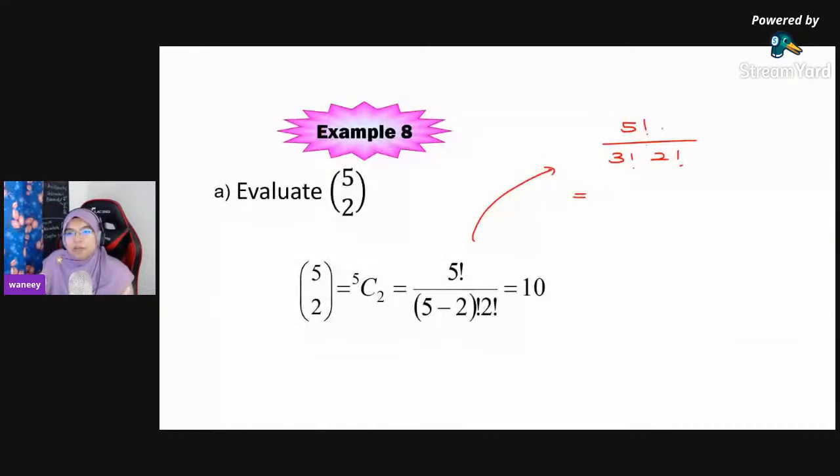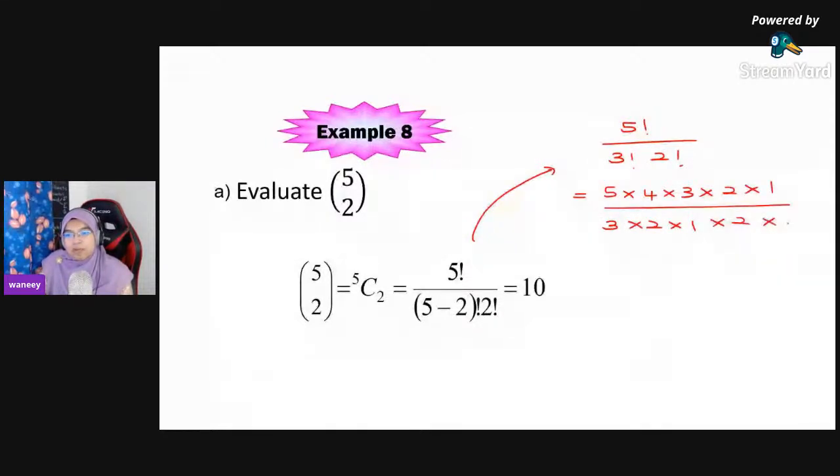Expanding, this is 5 times 4 times 3 times 2 times 1 over 3 times 2 times 1 times 2 times 1. You can simplify them, and that is how we come out with 10.